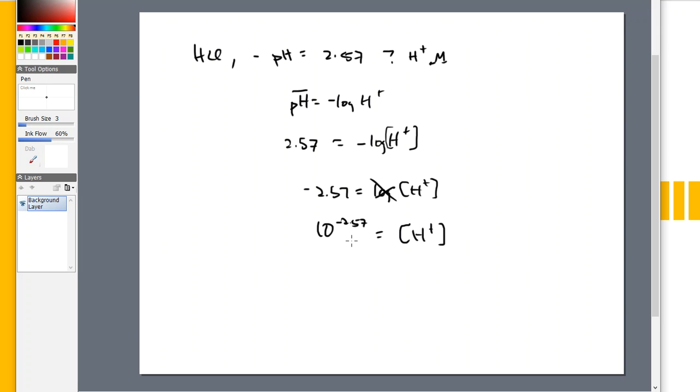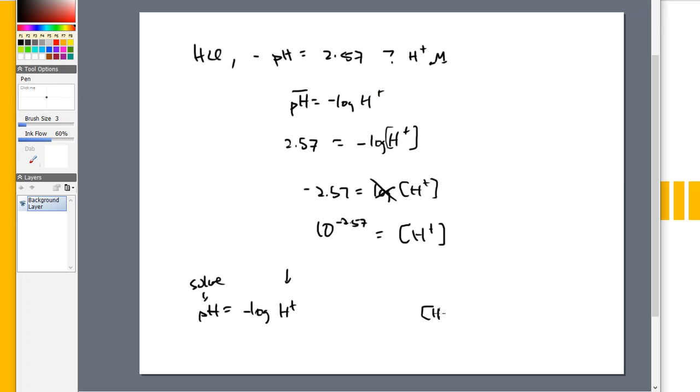So two equations, if you're uncomfortable with this: pH is equal to negative log of your H plus. You would use that equation if you had your hydrogen concentration and you wanted to solve for your pH value, right? If you do not like the algebra that's wrapped up into this kind of quick solving for the H plus, then you have to memorize another equation.